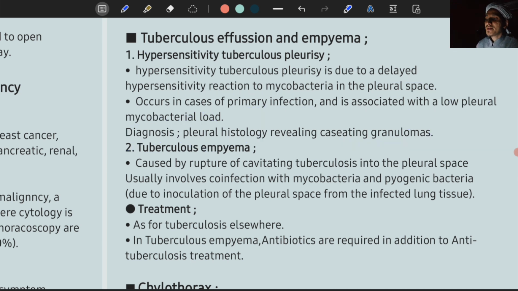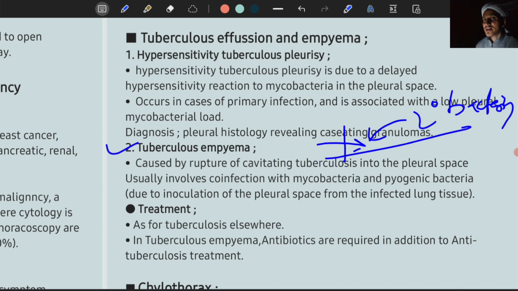In tuberculous empyema, what happens is that a caseating granuloma ruptures from the lung into the pleural space. Along with that there will be secondary bacterial infection. So there is mycobacteria and also secondary bacteria, so co-infection will be there. That will cause empyema, pus.